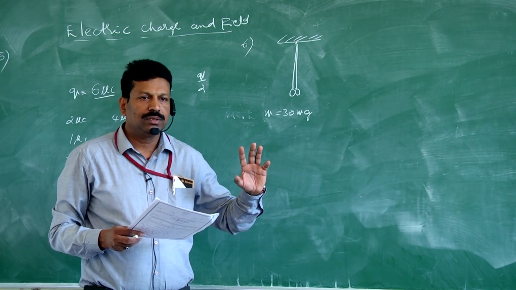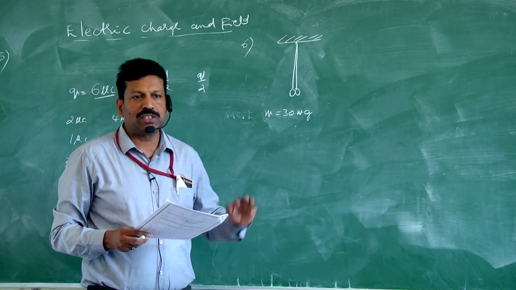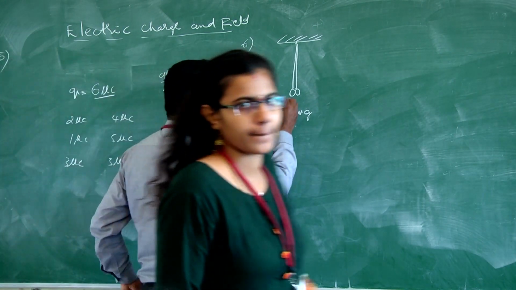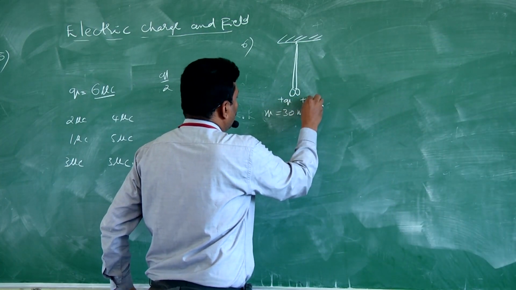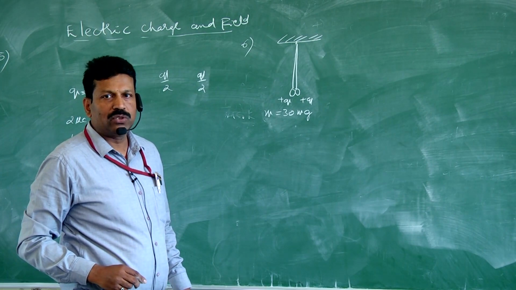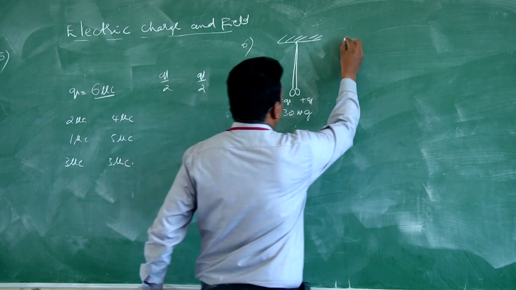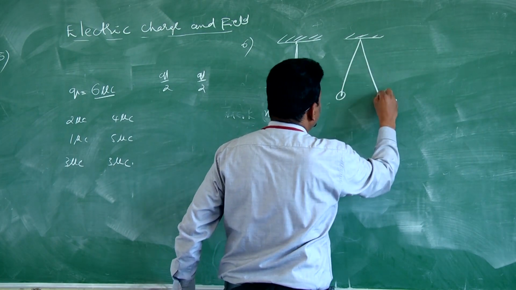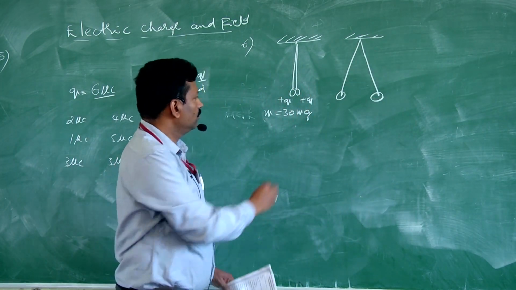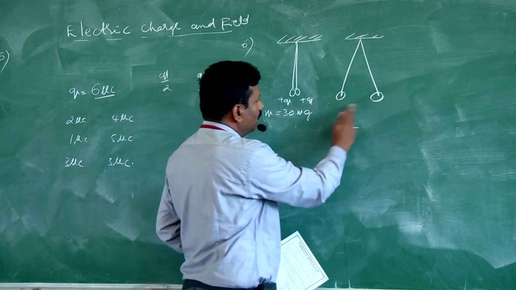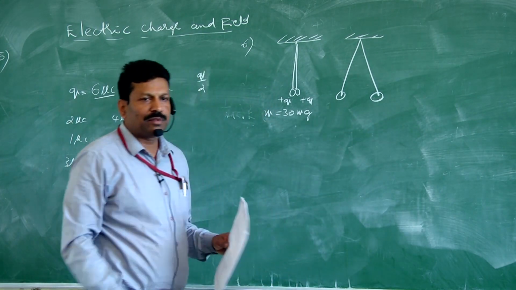Same magnitude and same polarity, plus q or minus q. So each of them is given plus q, correct? When charge of same magnitude and similar polarity is given, what happens is they get separated because of repulsion. They move away from each other, right?